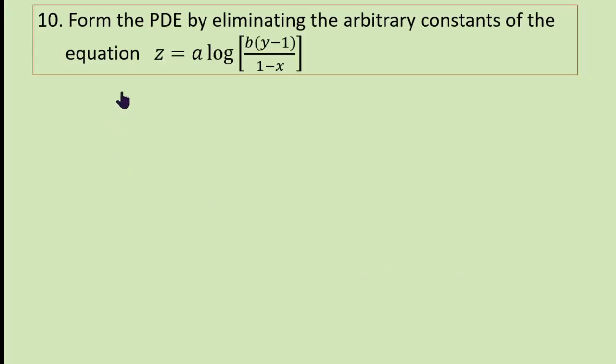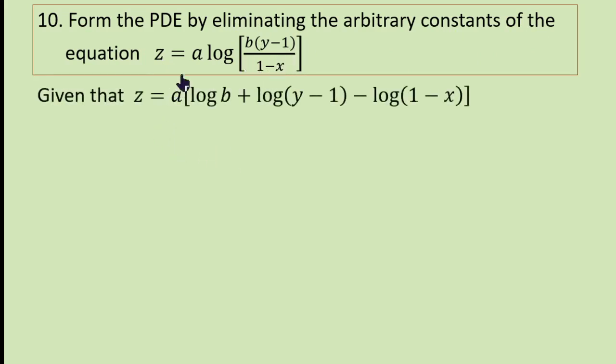Next question. Form the PDE by eliminating the arbitrary constant of the equation z equal to a log b into (y minus 1) divided by (1 minus x). Now you can write this z as a into, log of ab by c is log a plus log b minus log c. Therefore, it is log b plus log (y minus 1) minus log (1 minus x).